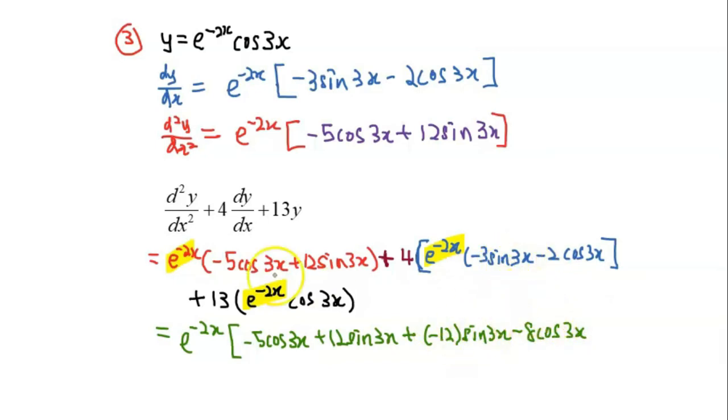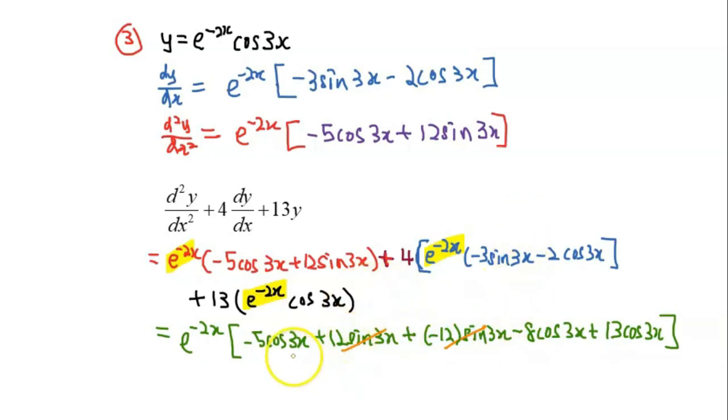And plus 13 times cos 3x, which is 13 cos 3x. This is from the third part. So notice that for sin 3x, it simplifies to 0.